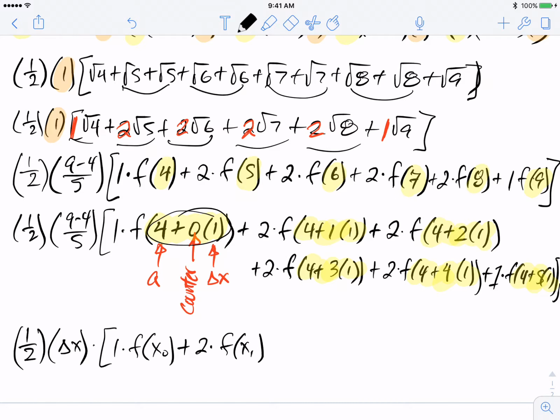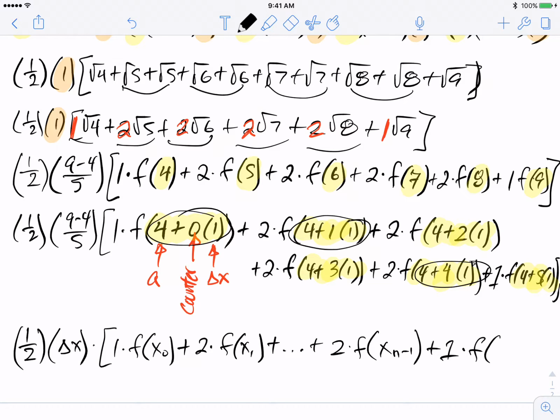And then x sub 1 would be the next one. And we continue this pattern until we get to this one, which would be x sub n minus 1, and then this last one, which is f of x sub n. And so this rule is called the trapezoidal rule.